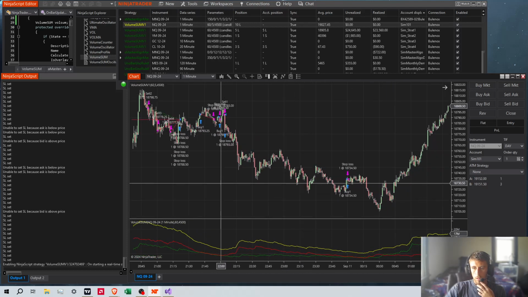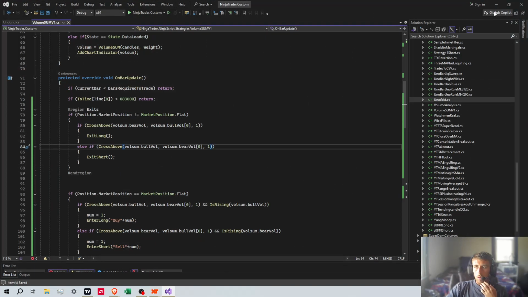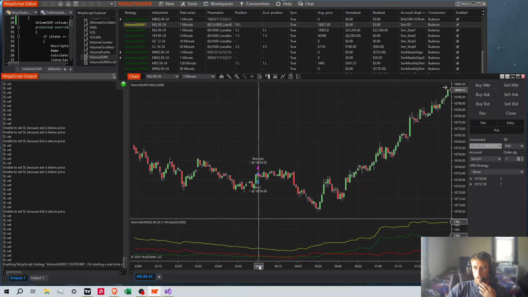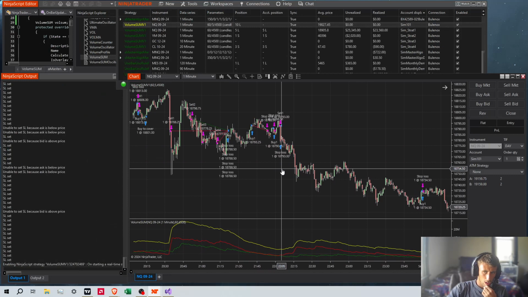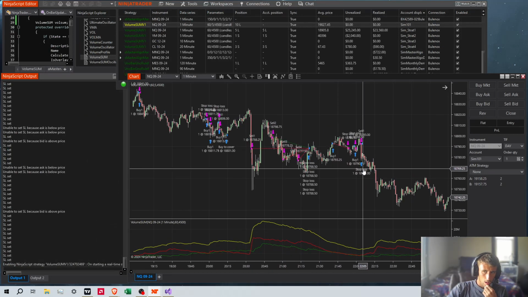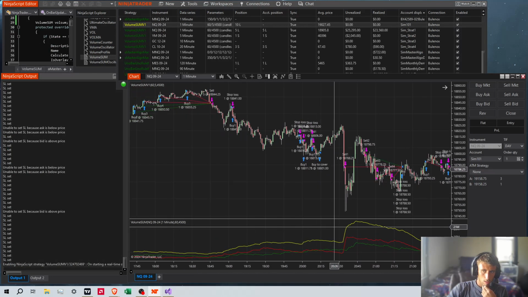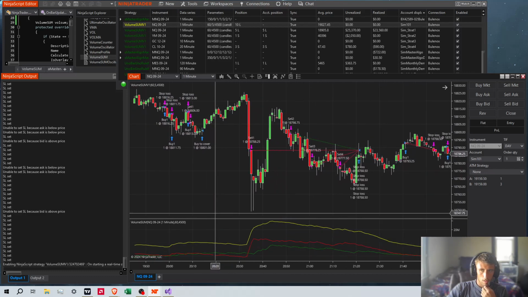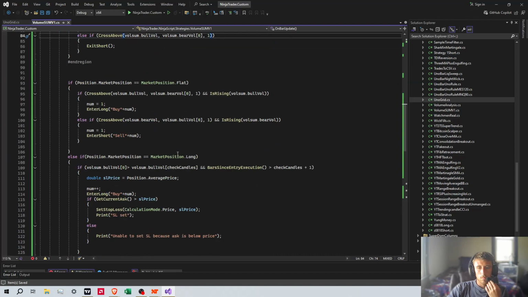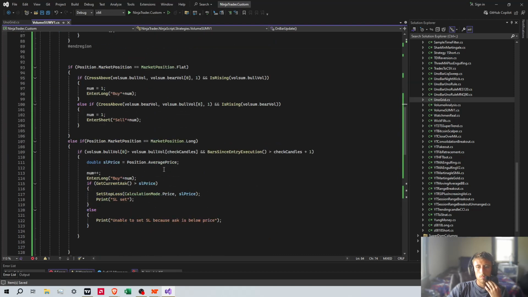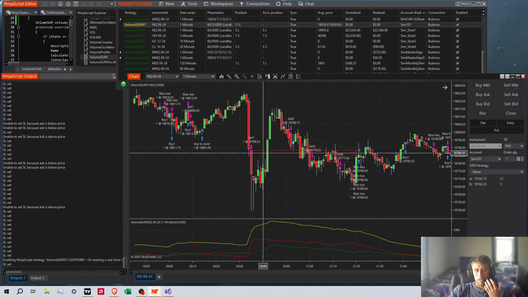Okay, now why is it closing instantly? Stop loss? But there's no stop loss. That doesn't make sense.